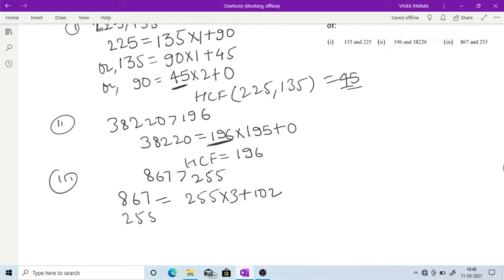Again 255 equals 102 into 2 plus 51 as remainder, right? Here this 102 equals 51 into 2 plus 0, right? So in this case here HCF will be our 51, right?